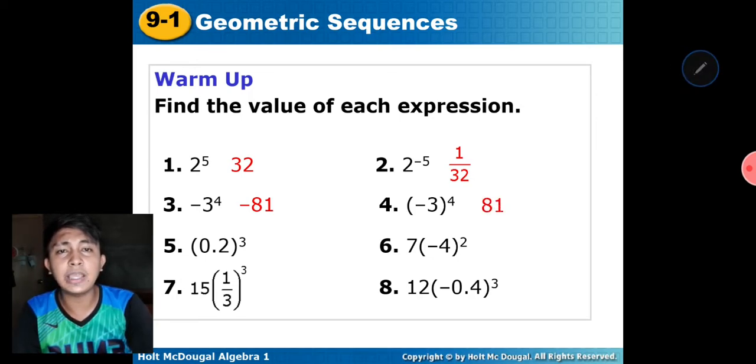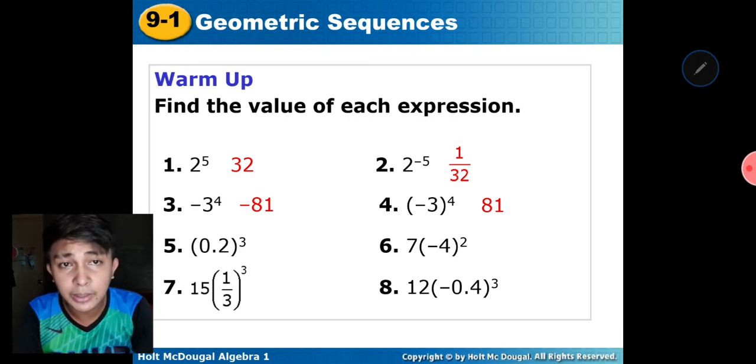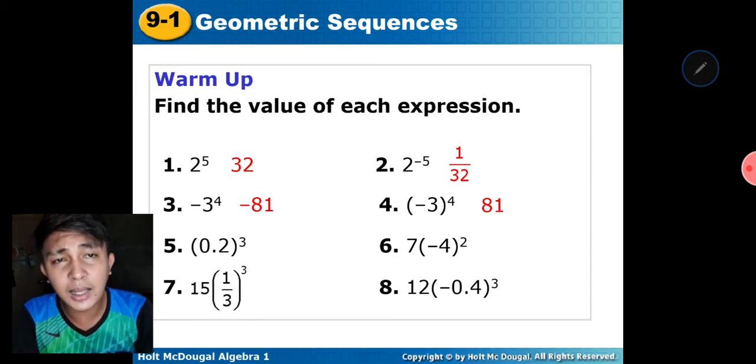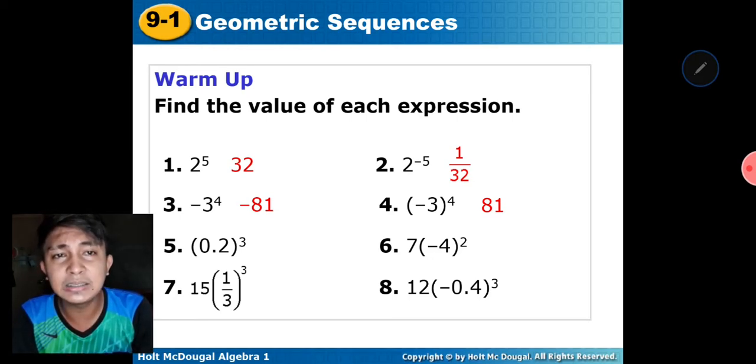What's the answer? 81. What could be the difference between them when they seem the same? Take note, negative 3 raised to 4 and the parenthesis negative 3 raised to 4 are different. Why? In number 3, only the 3 is raised to 4, so 3 raised to 4 keeps the negative sign.